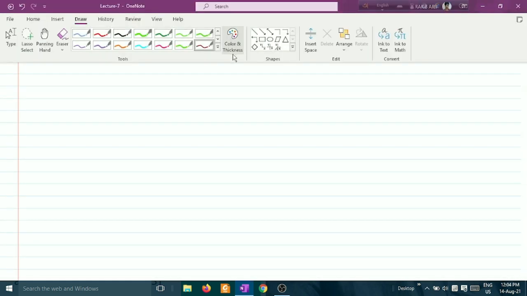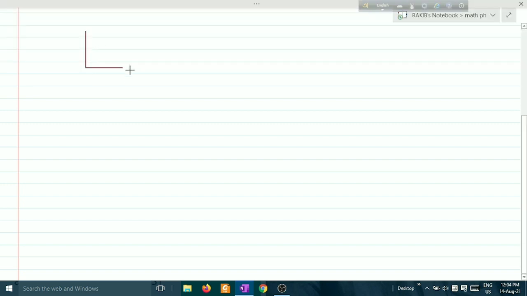So let's take a coordinate axis, and I will be describing how to do this kind of integration. Say I am taking a curve, this is the curve.